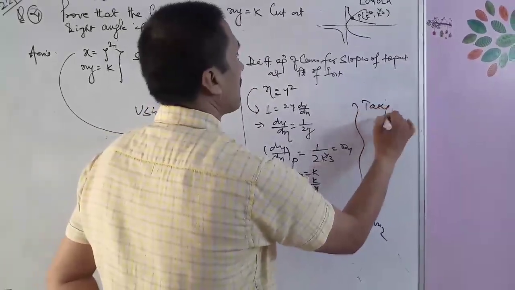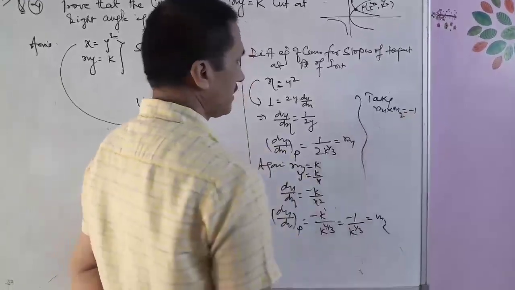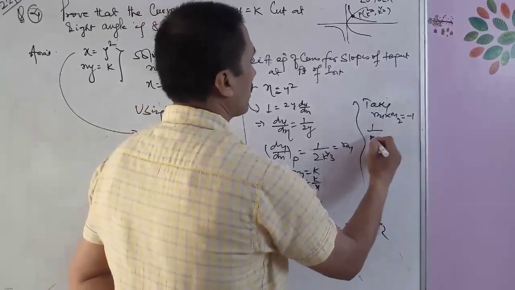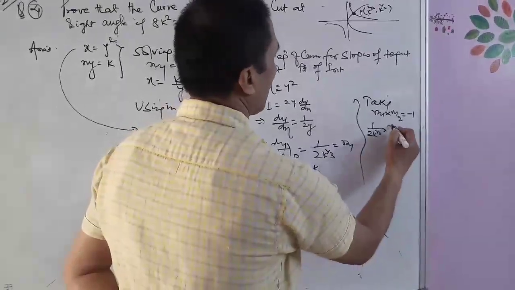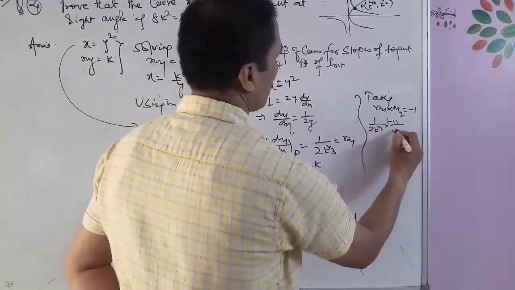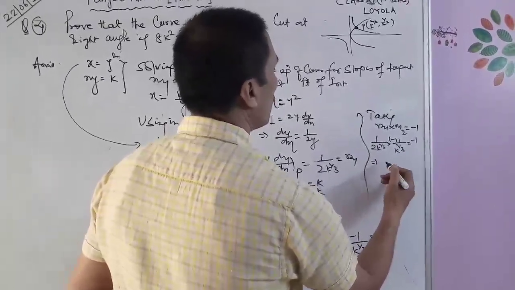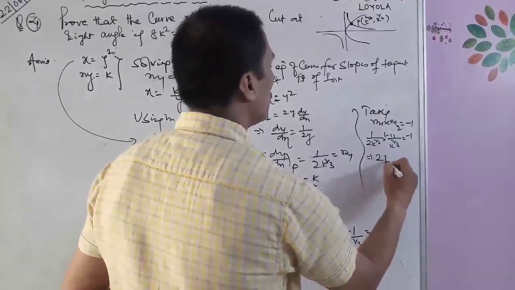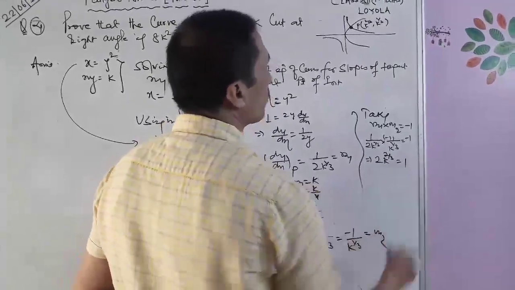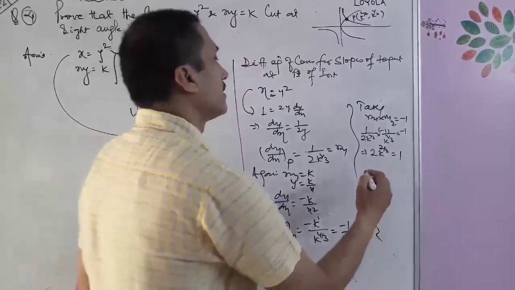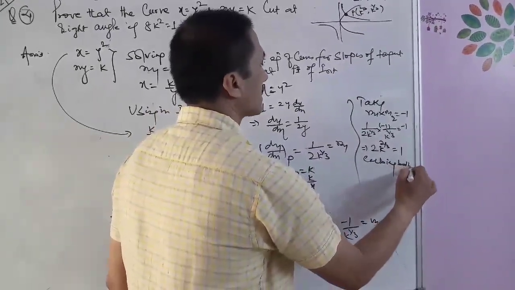Taking M1 into M2 equal to minus 1. 1 upon 2 k to the power 1 by 3 into minus 1 upon k to the power 1 by 3. This is minus 1. So 2 k to the power 2 by 3 equal to 1. Cubing both the sides.